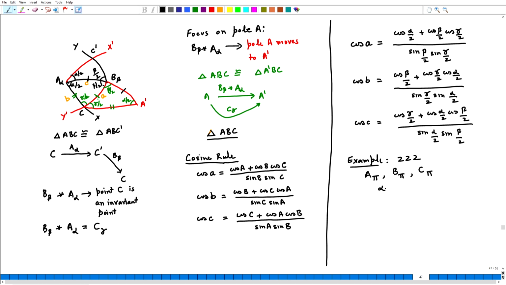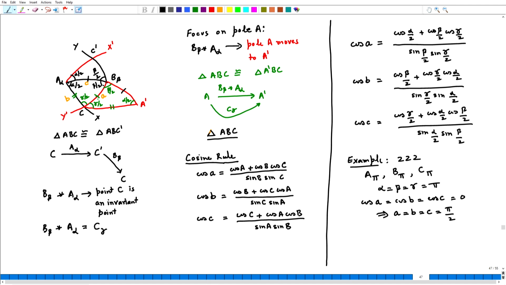So, what do I have? I have essentially alpha equals beta equals gamma equals pi. When I substitute alpha, beta, gamma in the cosine rule, very clearly all the terms in the numerator are 0 and the terms in the denominator are basically 1. Hence, cos a equals cos b equals cos c, which is equal to 0, and therefore, a equals b equals c equals 90 degrees.